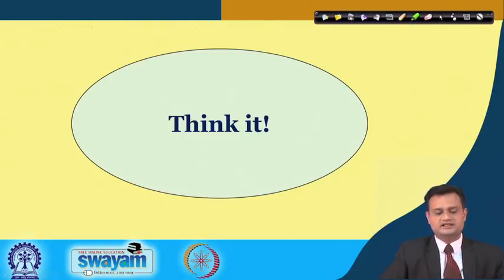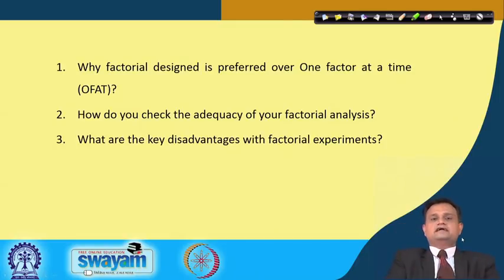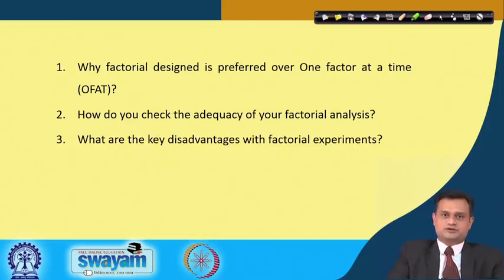So now with this let me float a couple of thinkers for your understanding, for your introspection. Why is factorial design preferred over one factor at a time, OFAT? How do you check the adequacy of your factorial analysis, and what are the key advantages with factorial experiments?